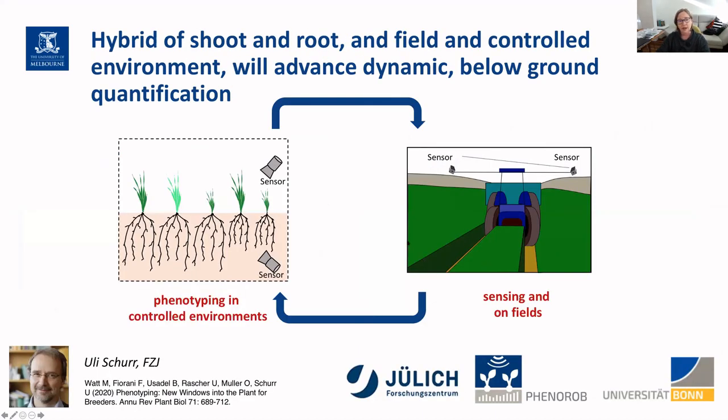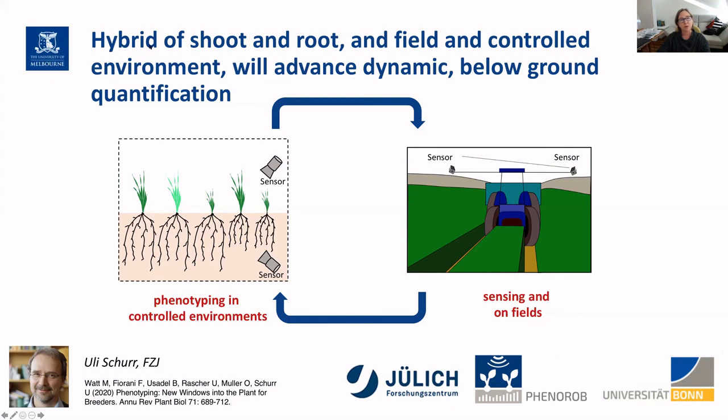And in my opinion, and also that of PhenoRob, which is a very exciting investment by the German government and combines Jülich Forschungszentrum and the University of Bonn to really put everyone's heads together to quantify crops more accurately, I would suggest that the below ground measurements is really possibly the most critical area for advancement.